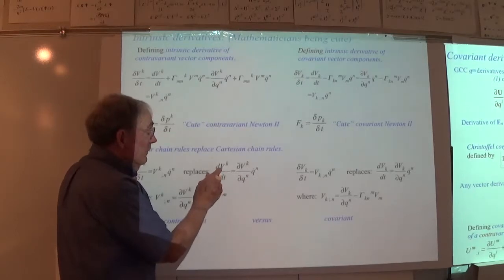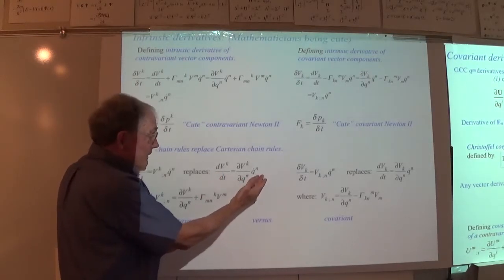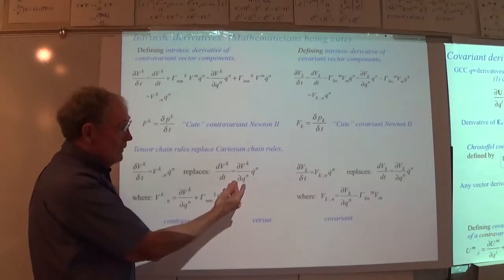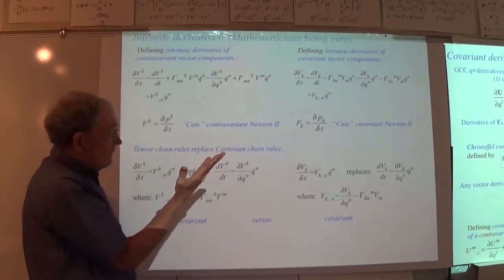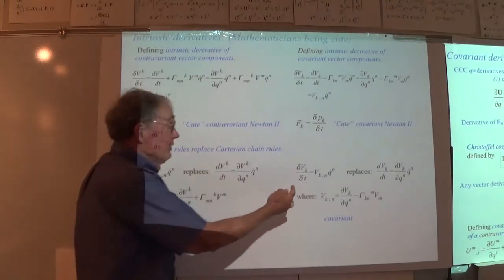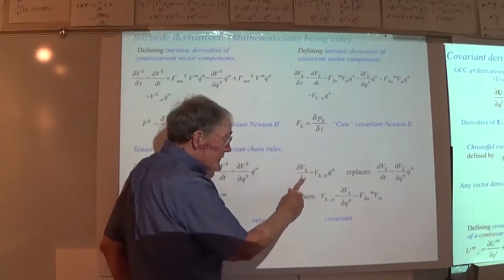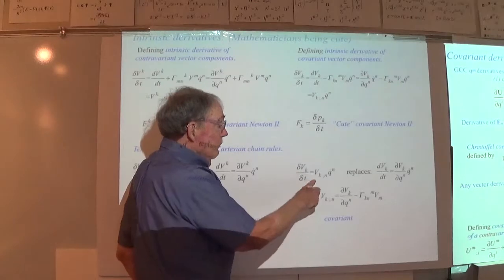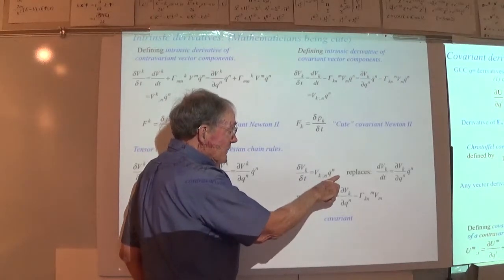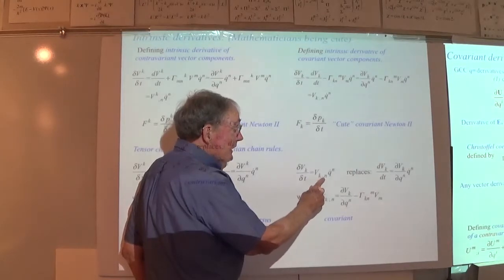But this idea right here is just our plain old chain rule, either with a contravariant thing like velocity, so this would be some kind of acceleration, or a covariant thing like some kind of momentum, which could be the v here, and it would be a linear combination like this with the semicolon.